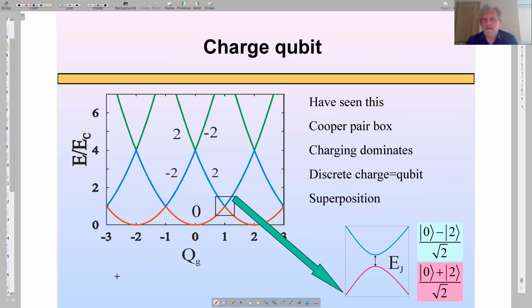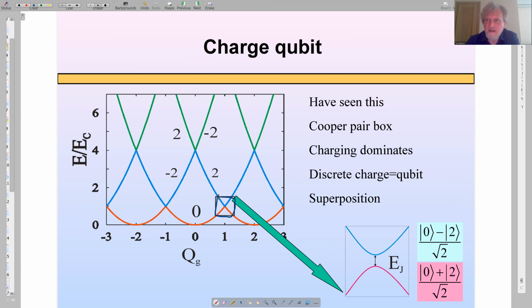Let me first talk about the charge qubit. And in the charge qubit, charging energy dominates. So in fact, the states are almost classical charge states. They will become quantum mechanical, as we shortly discussed in lecture number 7, close to a level crossing, where the energies of two charging states are degenerate.